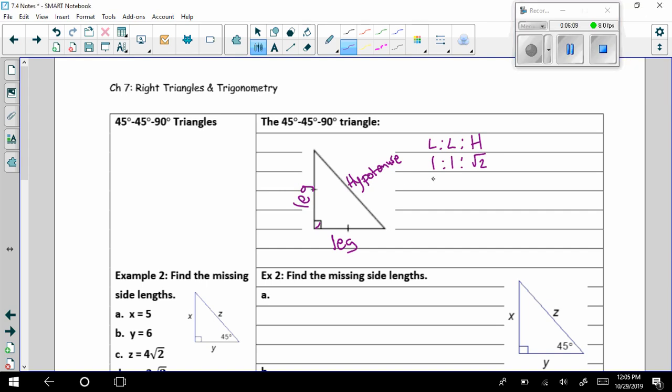Another example would be if this leg is 9 and this leg is 9, then this would be 9 root 2. If one leg is x, then the other leg is x, and the hypotenuse is x root 2.